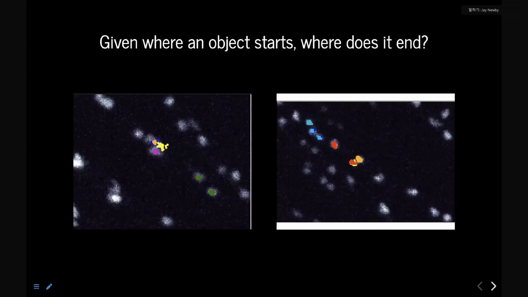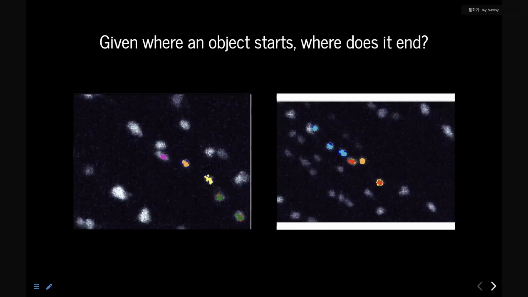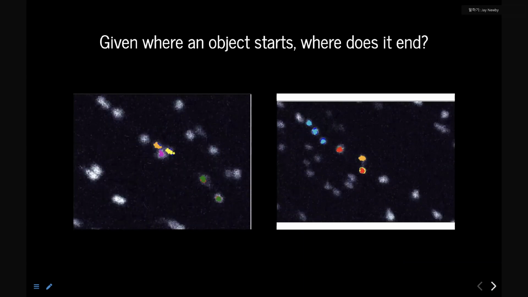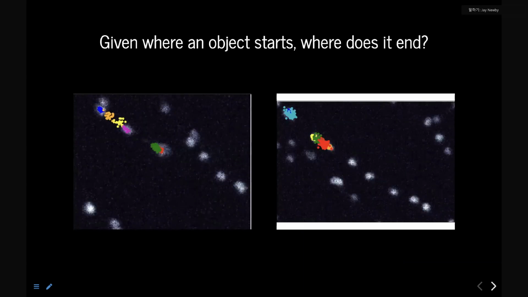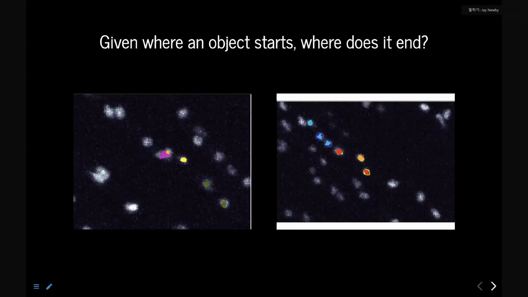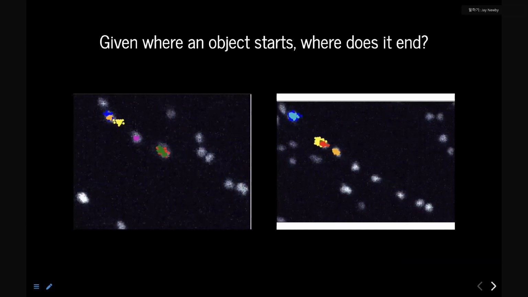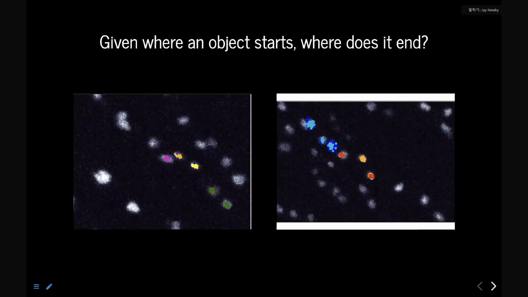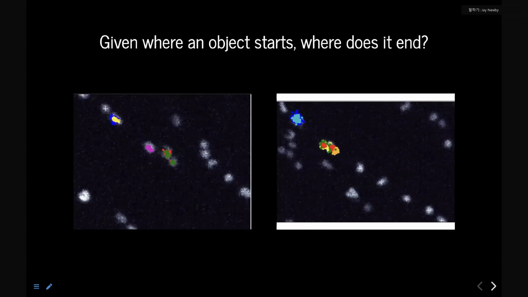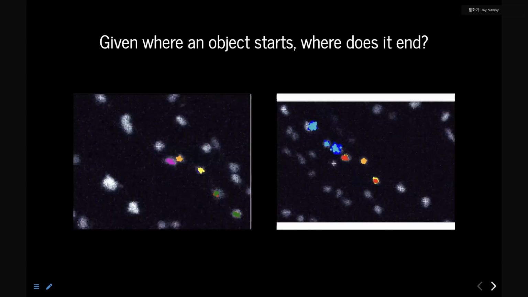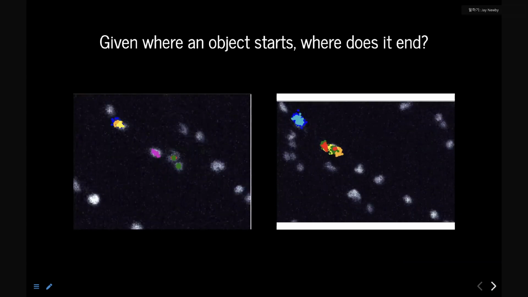So it says, given where this object starts, where does it end up by the end of the video? By the end of the video, you'll see colors ending up clustered around multiple nuclei. That says the distribution for the position of that nucleus is very spread out, but now it's almost like a mixture, right? There are these little clusters of where it could be.